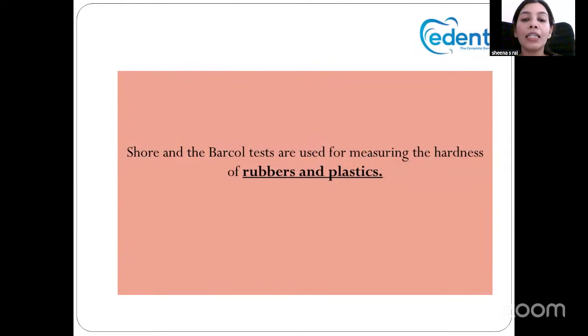Shore and Barcol tests are used for measuring hardness of... You'll be given four important options, so you have to answer on that. It might be a metallic structure, a casting alloy, rubber, or plastic. So the answer is that rubbers and plastics are measured with the help of Shore and Barcol tests. Please keep this point in mind.